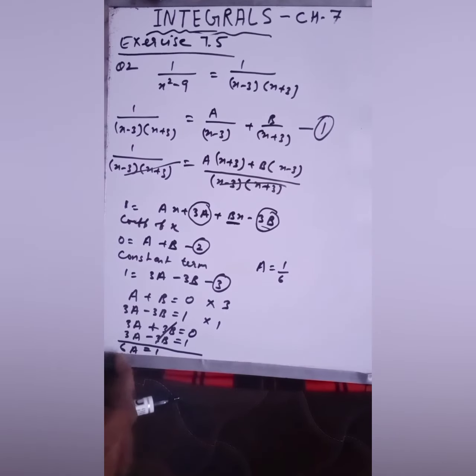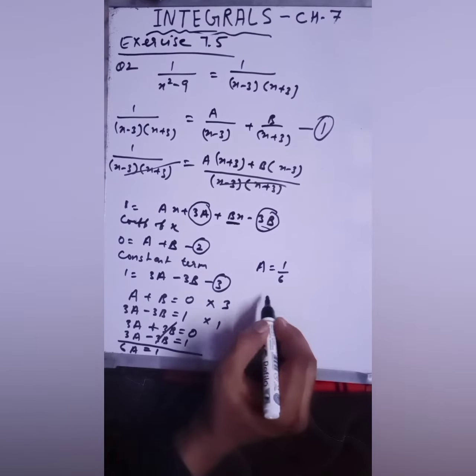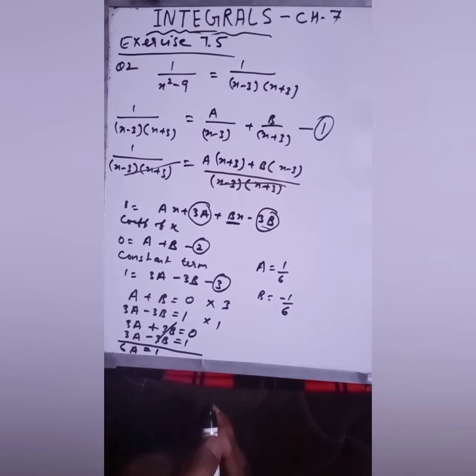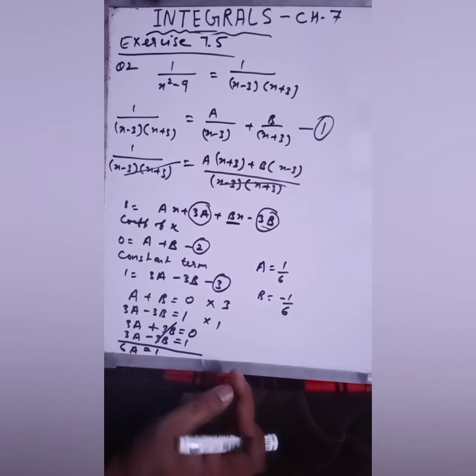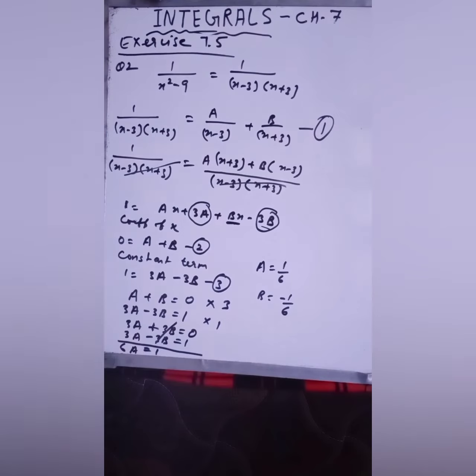From this you will get a is 1 by 6. Put this value of a here, so you will get b is equal to minus 1 by 6. Got it? So here you have the value of a and b, which you have to put in equation number 1. And you have to show all these calculations in your exam.